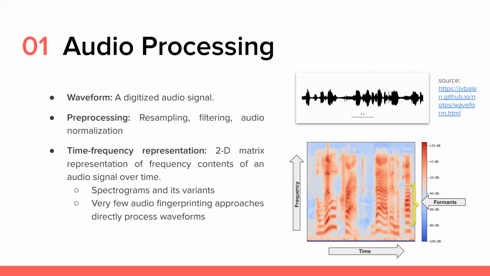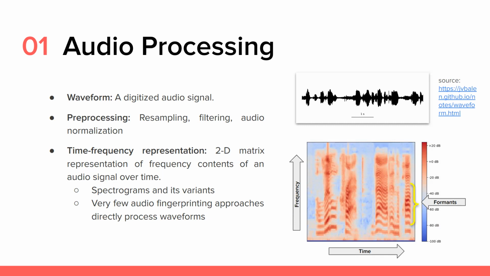There are some standards, like LUFS-based normalization, that you can apply to the audio waveform. And if you're dealing with speech audio, you can also do some sort of filtering. For example, you can apply a pre-emphasis filter, basically to get rid of the very low noise components using this filtering process.